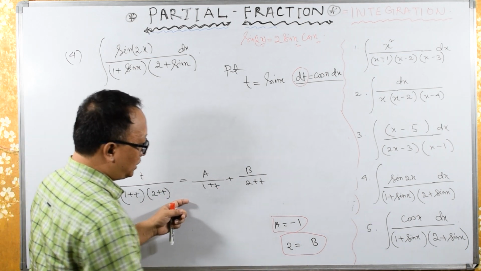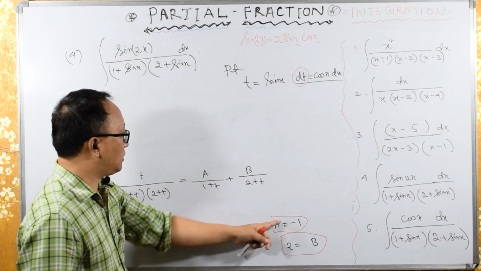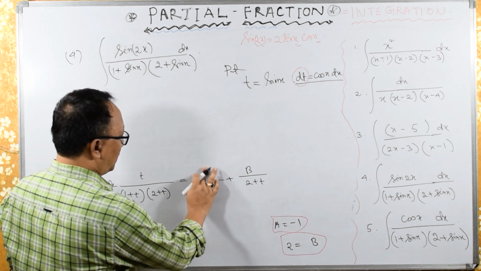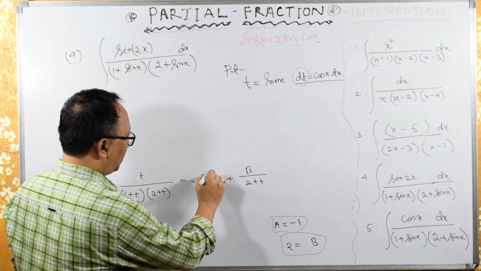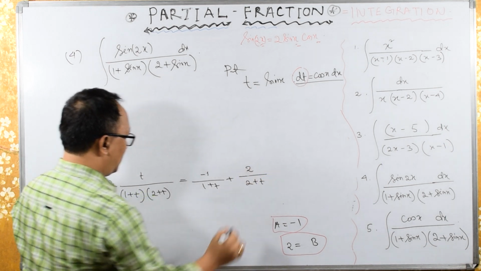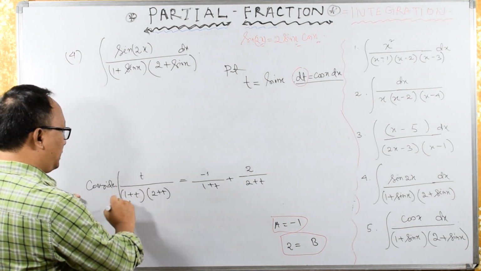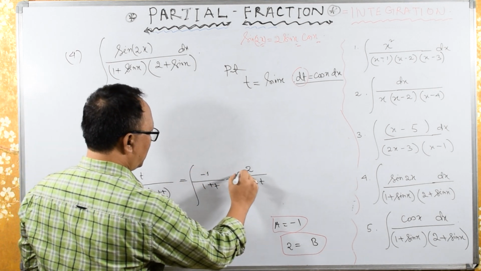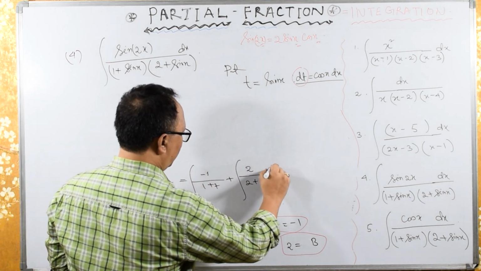Here if we substitute, what is a? A is minus 1, and b is 2. Now integration of this is same as integration of this, with respect to t.